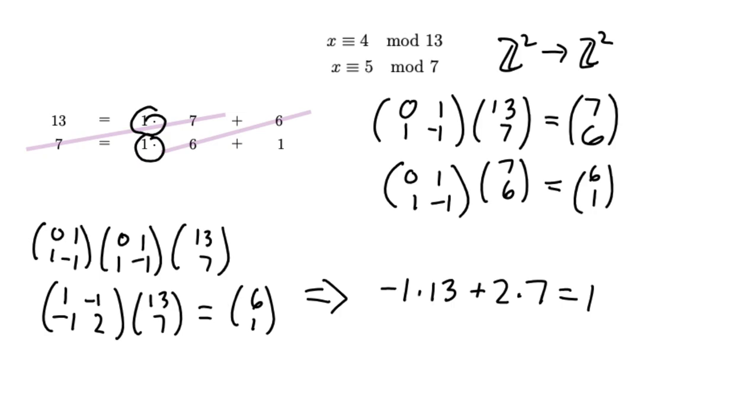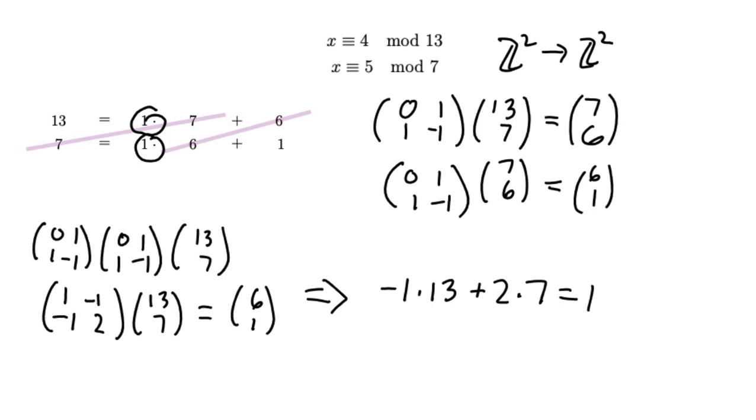This one will do. Notice here, we want to get 7, 6 out from 13, 7. See this 0, 1: if you think row interpretation, it picks out the bottom entry and puts it on the top, so it performs that shifting action. This 1, minus 1 takes 13 and subtracts 1 times 7.